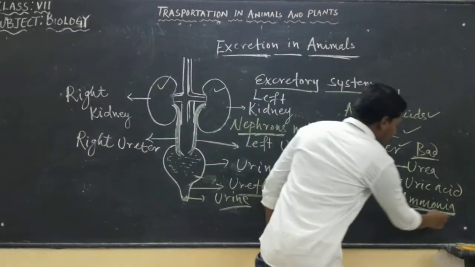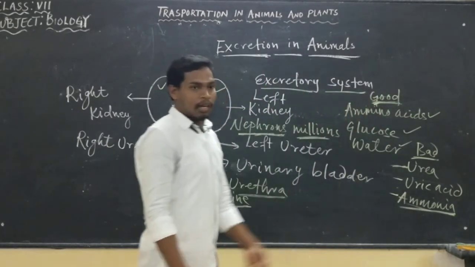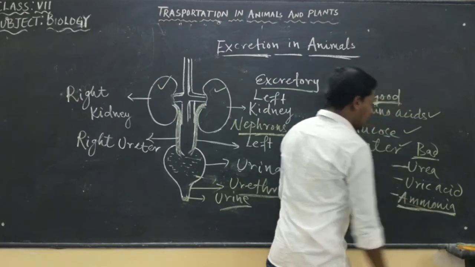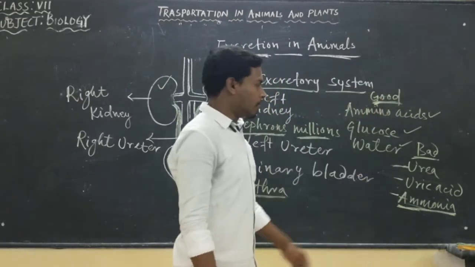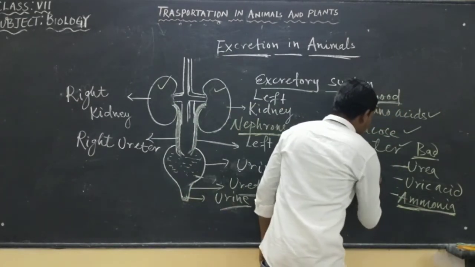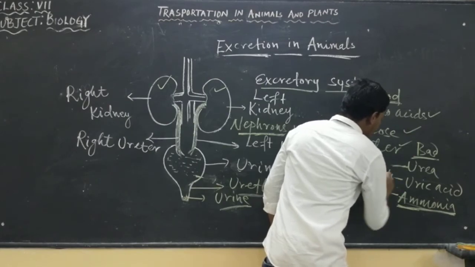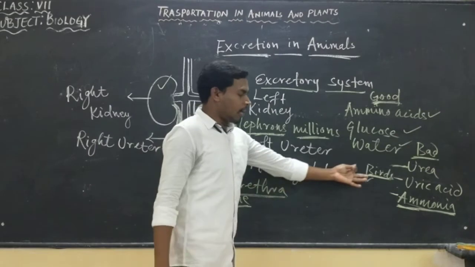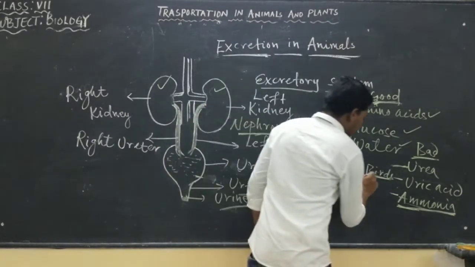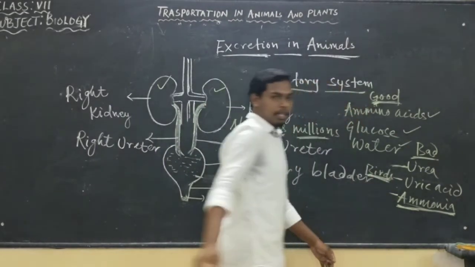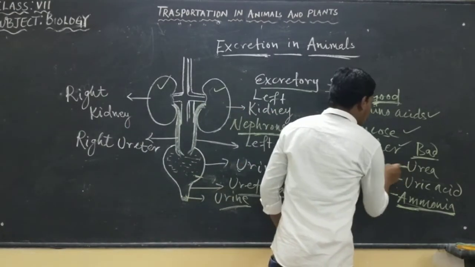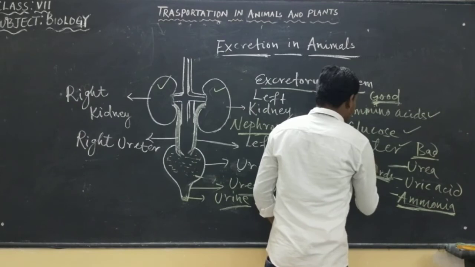As water gets in and comes out, the waste substance, ammonia, is removed from their body. But for terrestrial animals like birds, a solid waste substance like uric acid is removed by the excretory system, and urea in human beings.